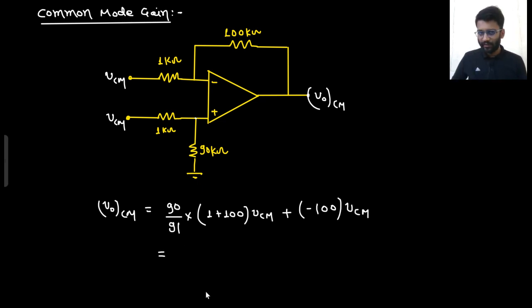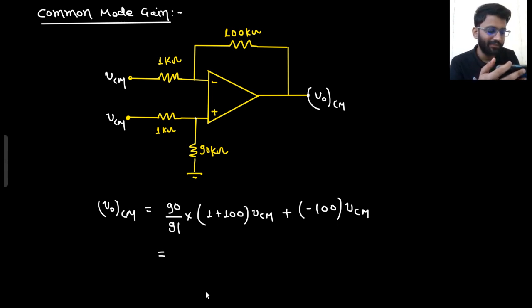So 90 by 91 into 101, minus 100. There is some issue, I guess. How am I getting a negative value?